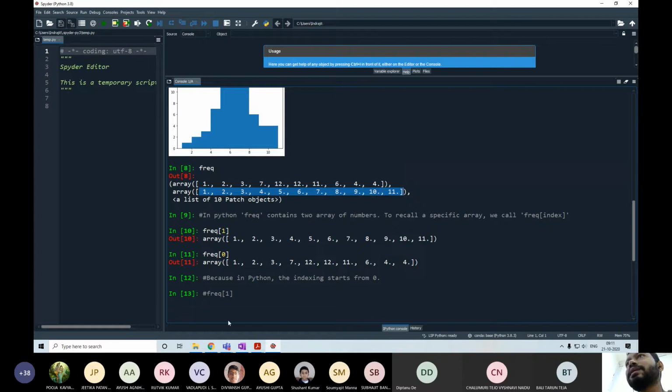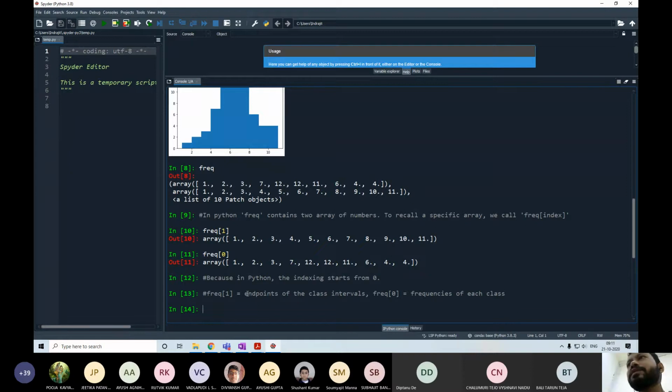This is actually the class interface, so these are the endpoints of the class interface, and frequency 0 is the first array, which is the frequencies of each class.